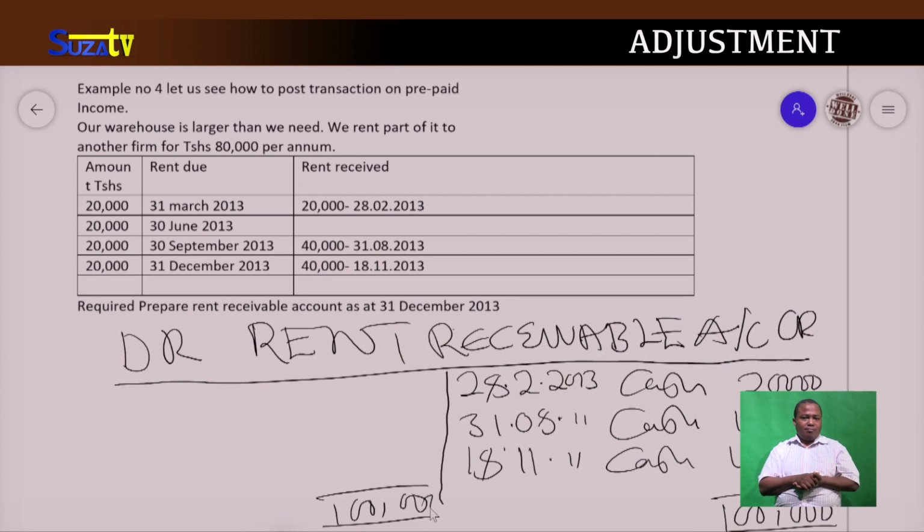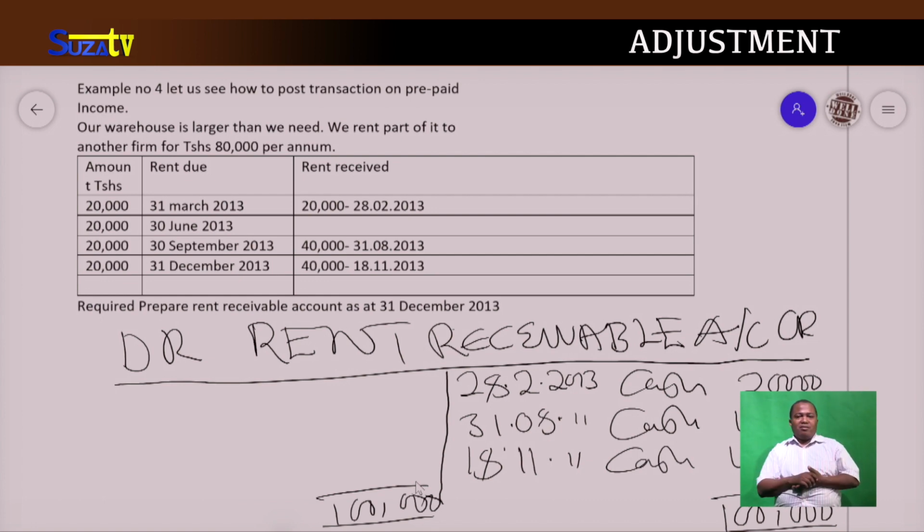You received 100,000, and the amount to be received per year is 80,000.